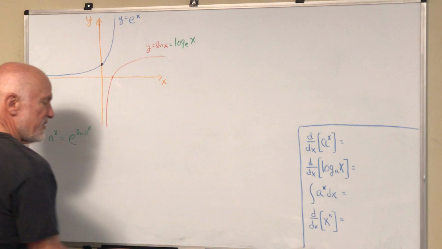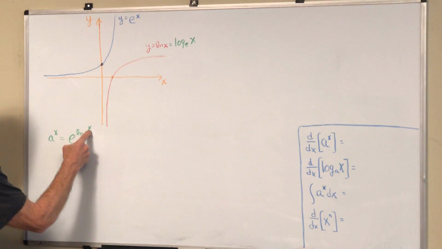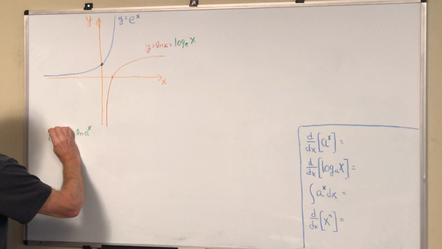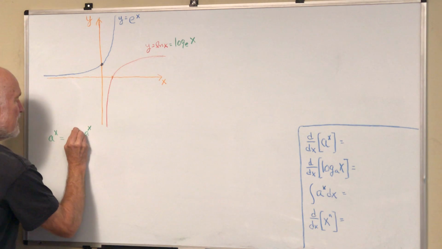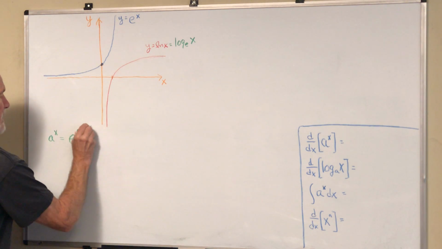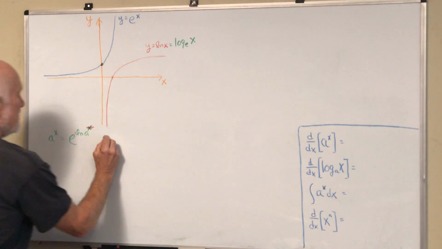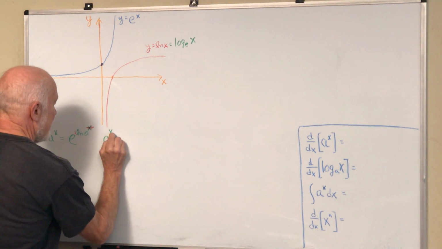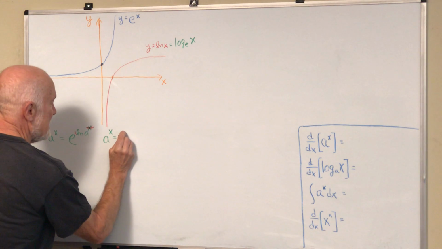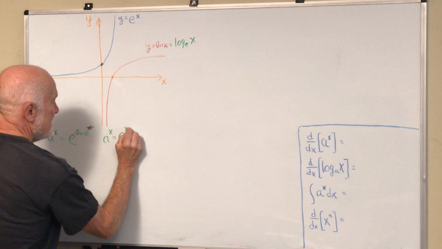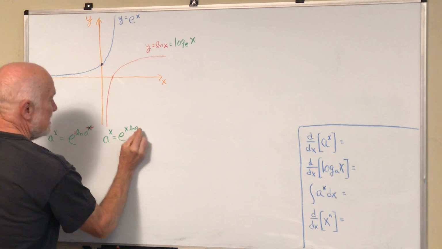Well, then I can take this x up here and bring it in front of the natural log. And there I've got it. I'll rewrite it over here: a to the x equals e to the x times the natural log of a.